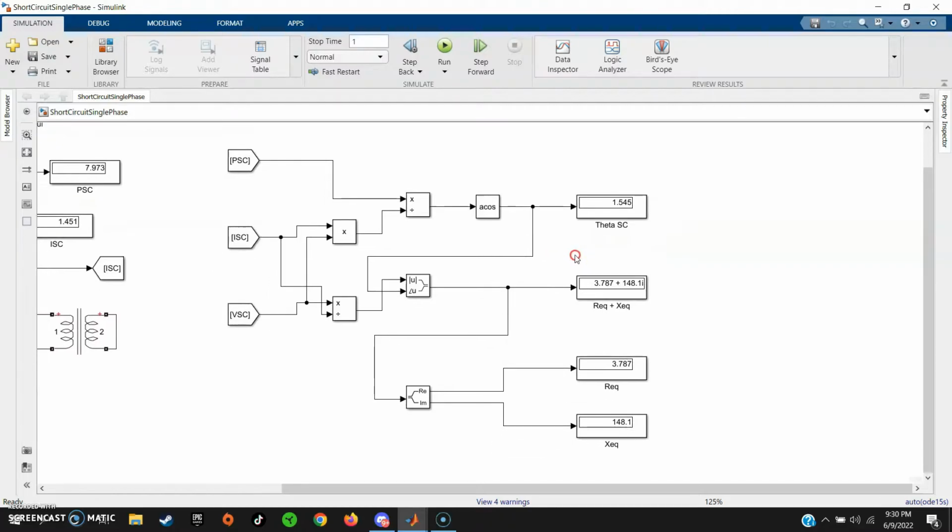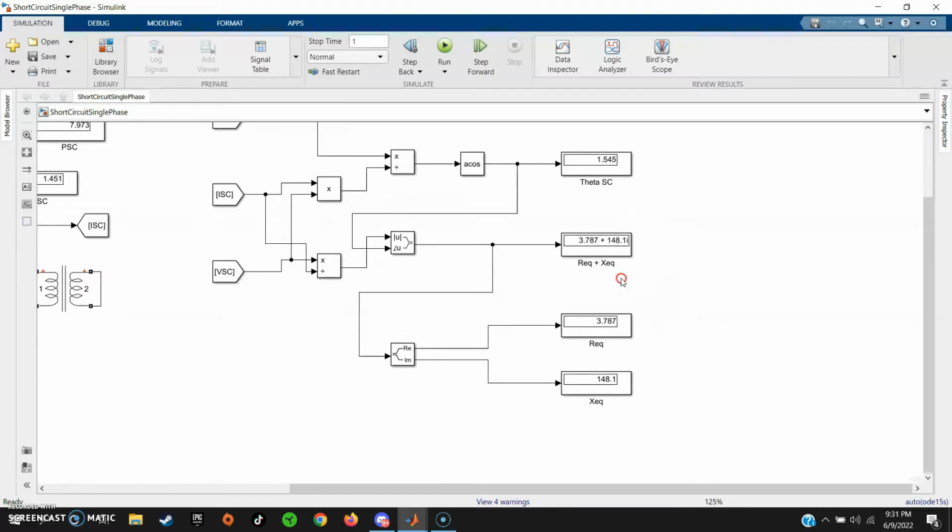We have theta short circuit, R equivalent plus X equivalent, and this R equivalent and X equivalent. For the short circuit theta we got 1.545. For the R equivalent plus X equivalent we got 3.787 plus 148.1 j, and this is R equivalent 3.787, and X equivalent we got 148.1.